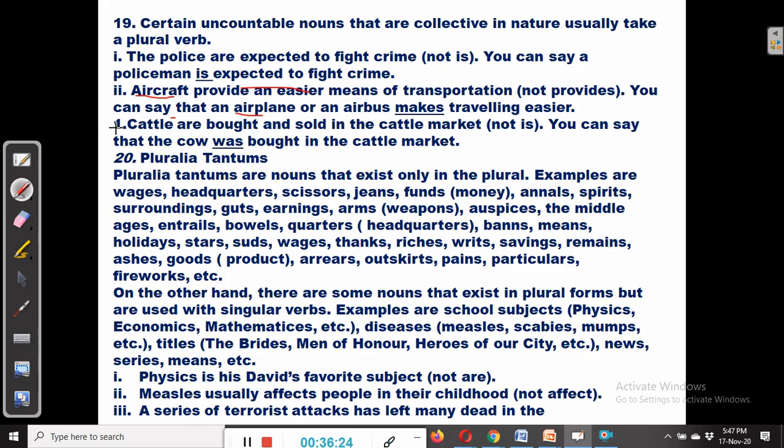But when you look at aircraft, you can't count it, and it is always used with a plural verb. Then the next one. Cattle are bought and sold in the cattle market. Cattle is another example of an uncountable noun that takes a plural verb.